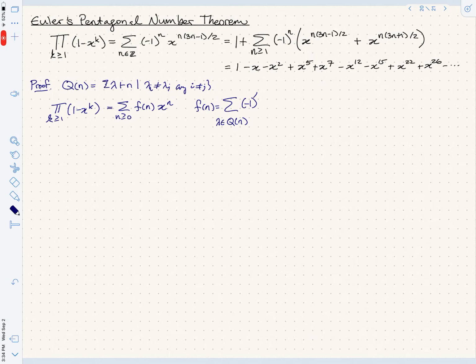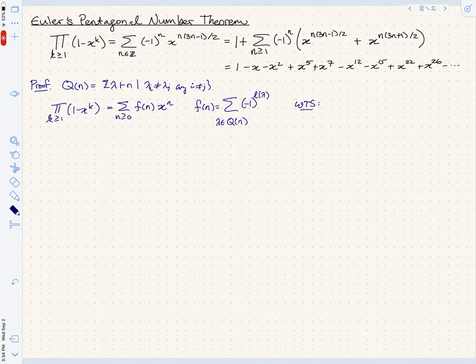So we're counting these partitions with a parity based on the length of the partition. Because if you think about how many terms you take, that's exactly going to give you how many negative signs you get. And the number of terms is the length of the partition. So it's the number of partitions of even length minus the number of partitions of odd length. And so that's exactly what has to be on the right-hand side.